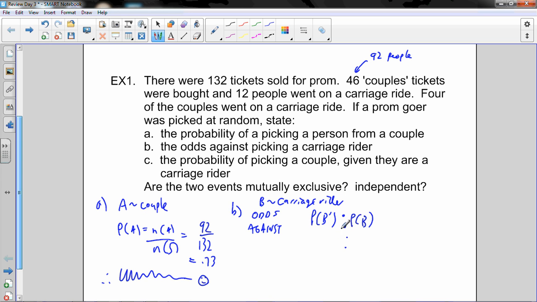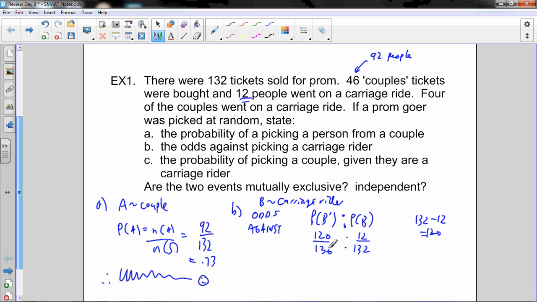So how many carriage riders do we have? Altogether, we had 12 people that went on a carriage ride. So that means there were 12 out of 132 tickets, where if I subtract that, that's 120 people who did not go on a carriage ride in total.